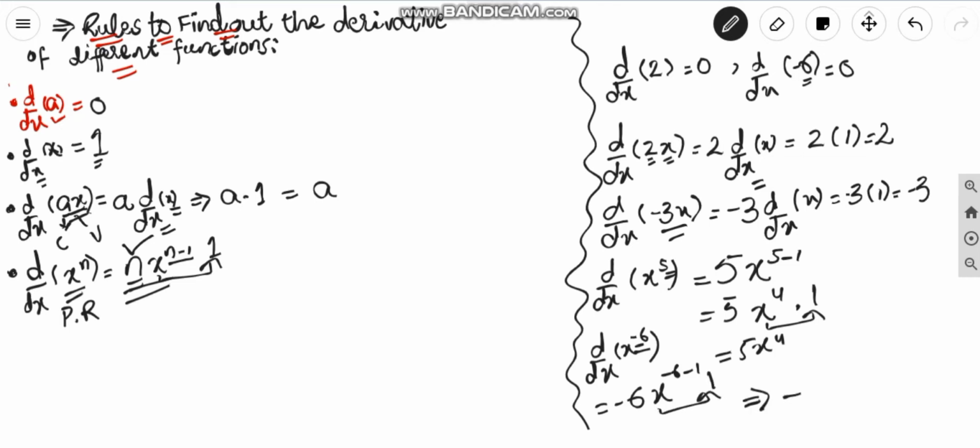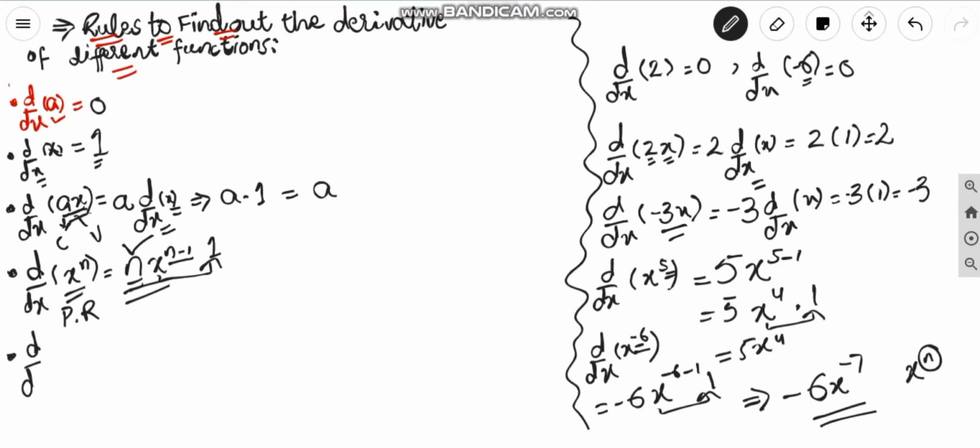So its answer will be minus 6x power minus 6 minus 1, which becomes minus 7. In this way, you can take the derivative of any powers of x, like x power n, where n is any integer.